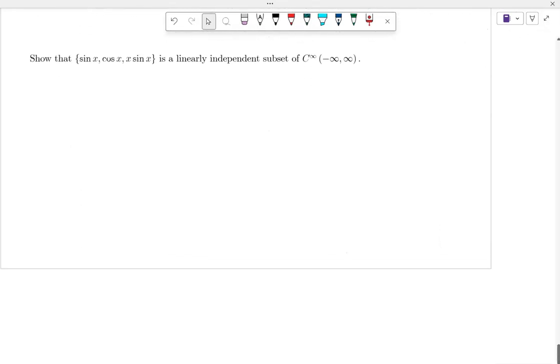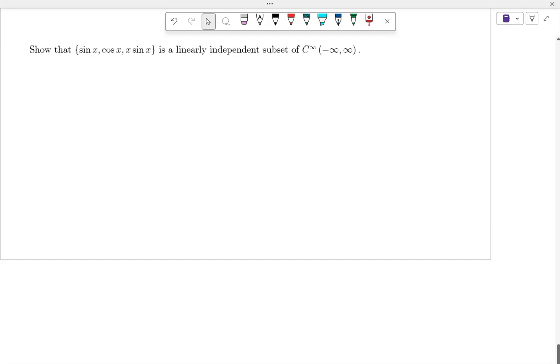This last one has a little bit more of an application to differential equations, which is why I want to talk about it. It has to do with a determinant too, so it's a nice application of a determinant. It asks you to show that this particular set of functions is linearly independent in C infinity of negative infinity to infinity.